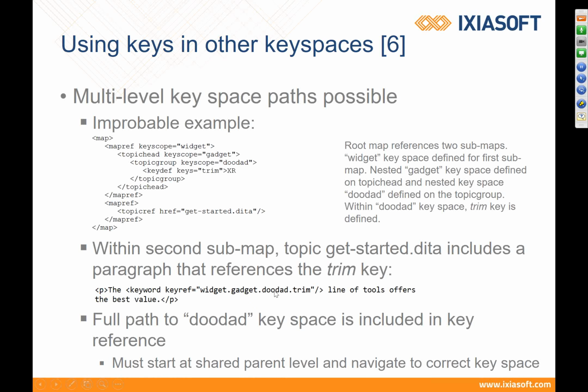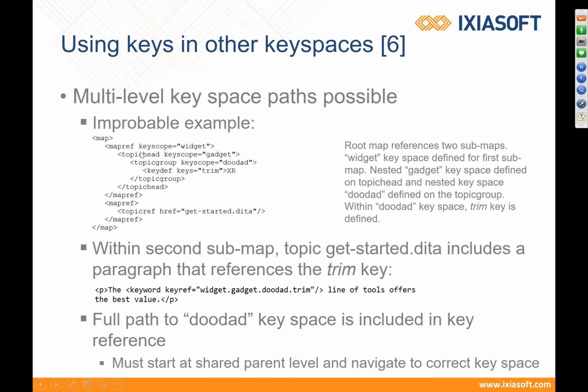If I just put doodad trim, that won't be sufficient because it's going to be looking for a doodad keyspace at a sibling level to this topic, and it won't find it. So remember, this is a keyspace, even though there's not one explicitly defined on it, and this is a keyspace, and they are siblings.